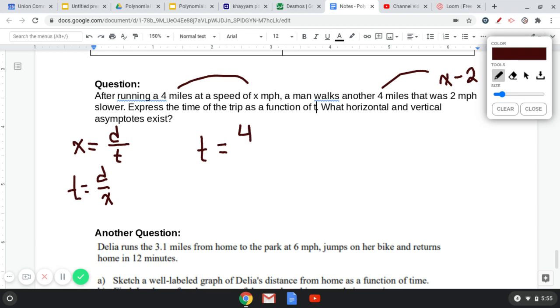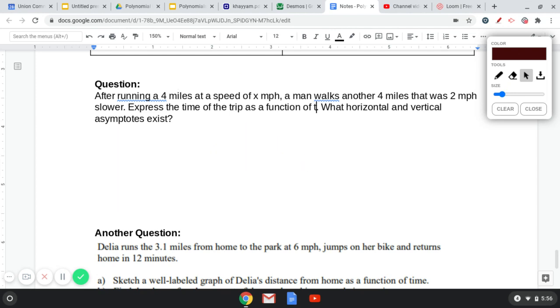So we're going to write the distance over the speed, which we don't know, which is x. And then if we add it to our second part of the trip, we walk another 4 miles. It's 2 miles per hour slower. So we go 4 over x minus 2. That's our function of time. That's the time of the trip as a function. Oh, excuse me.